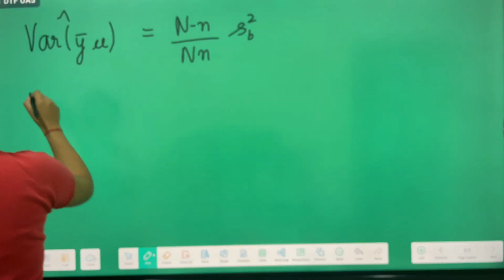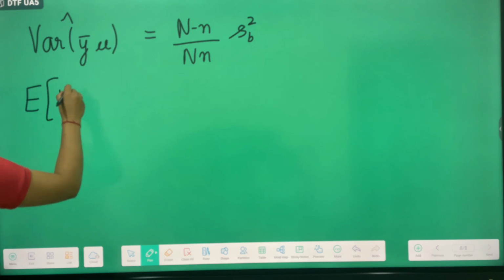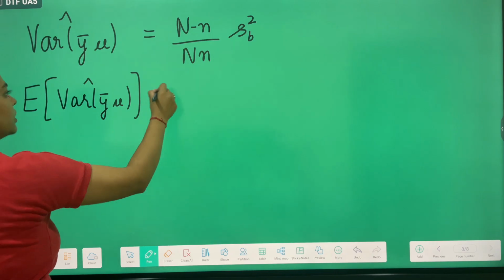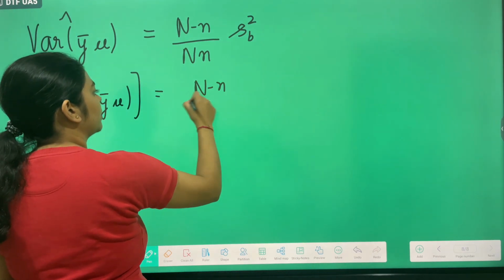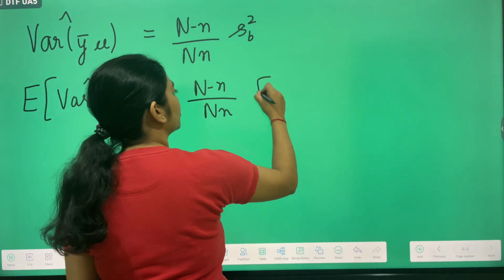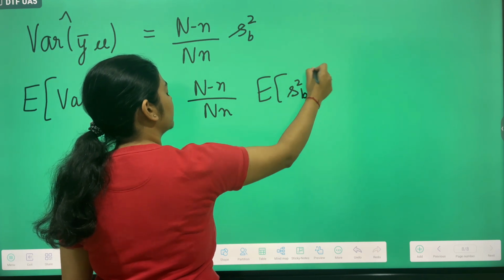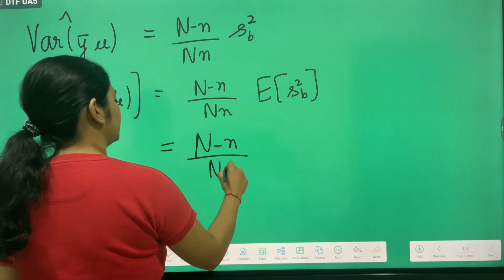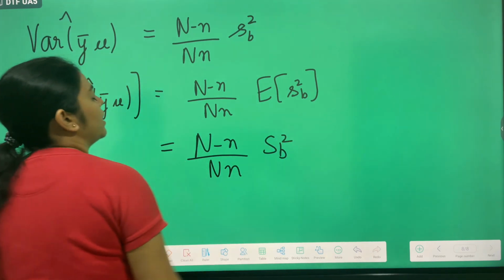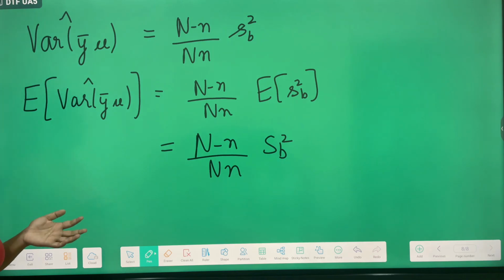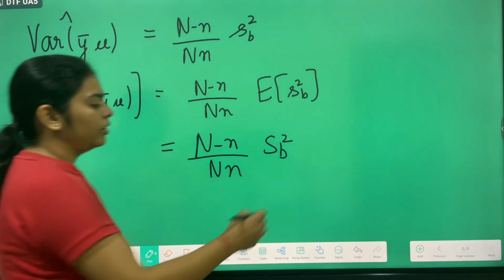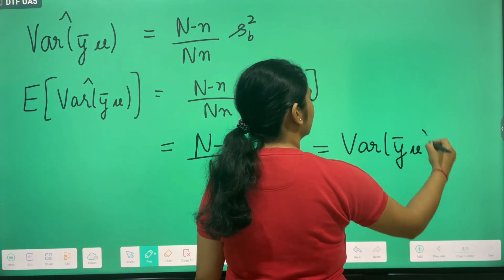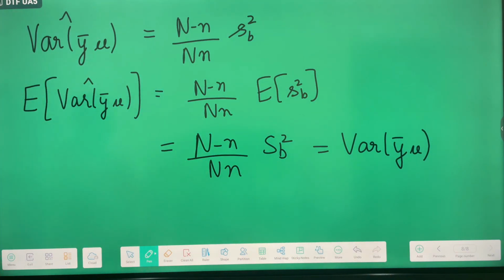We can find it like that: estimation of variance of y bar CL is nothing but capital N minus small n upon N estimation of S_B square, which is nothing but capital N minus small n upon N capital S_B square. And hence we can say that capital N minus small n upon N S_B square, which equals variance of y bar circular sampling, is an unbiased estimator of variance of y bar circular sampling cap.